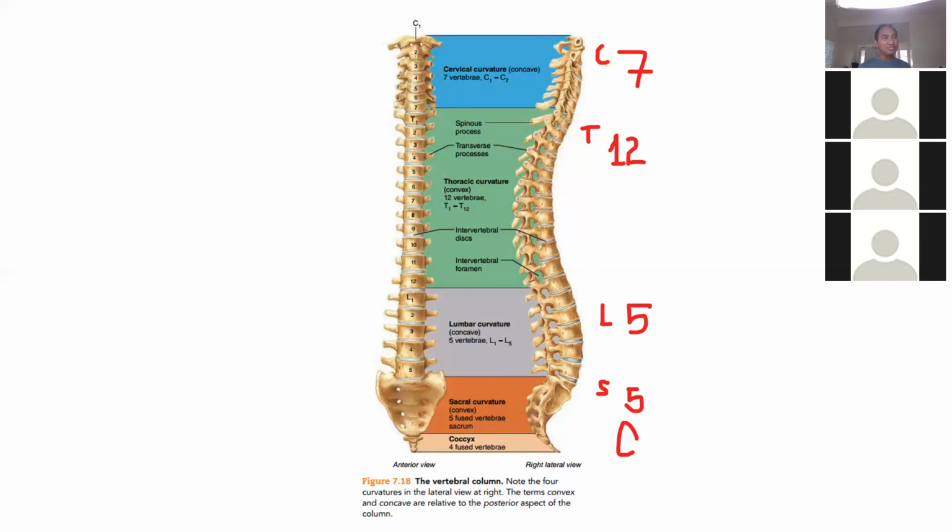In the thoracic region, we have 12 thoracic vertebrae, and therefore we have 12 ribs on each side of our body. So 12 thoracic vertebrae give a space for 12 pairs of ribs coming out from each side. And in the lumbar region, it is only 5. Sacrum region, it is only 5.